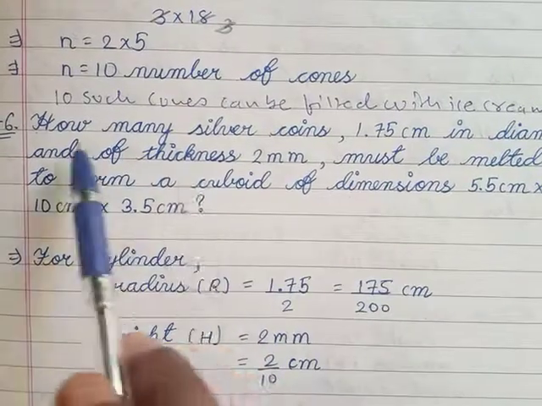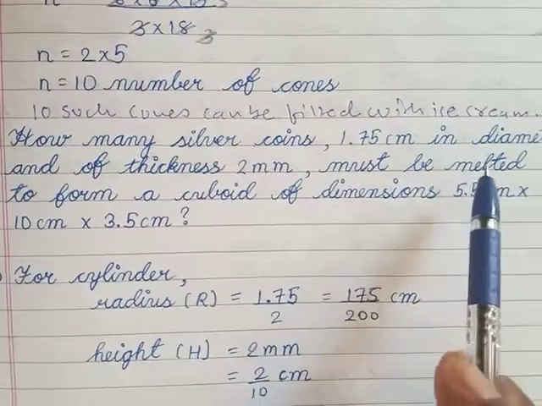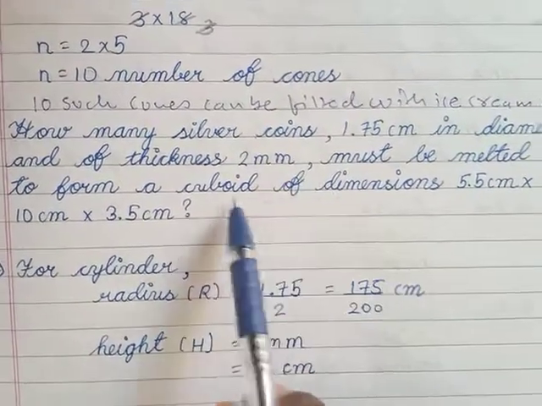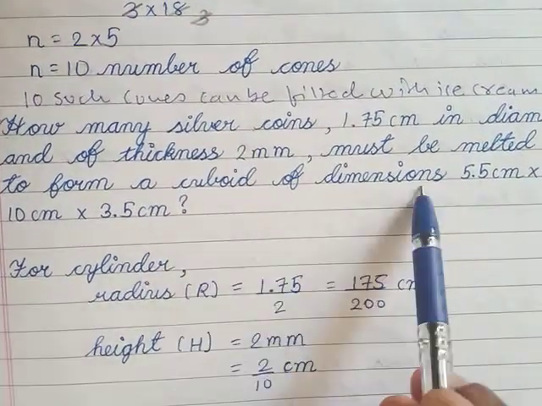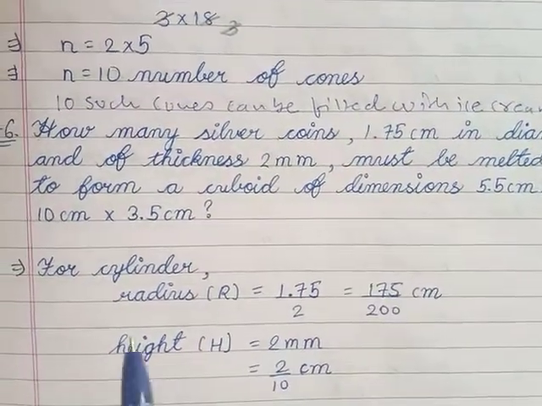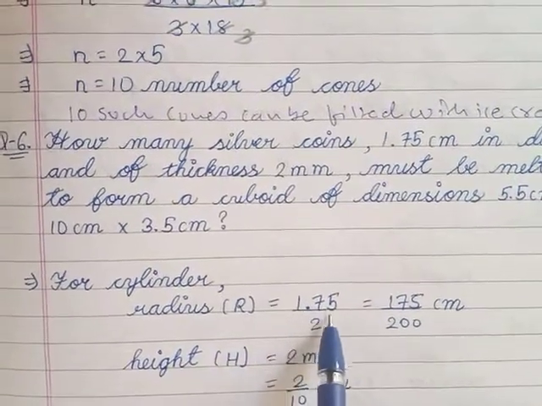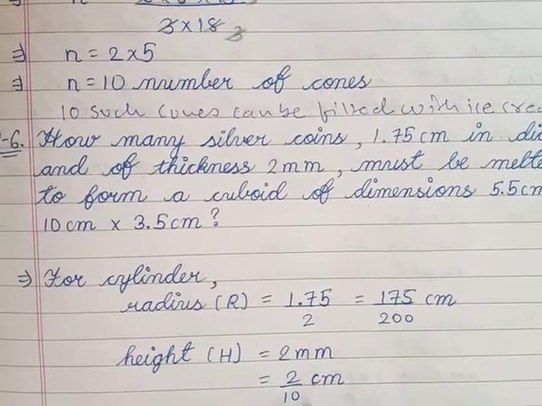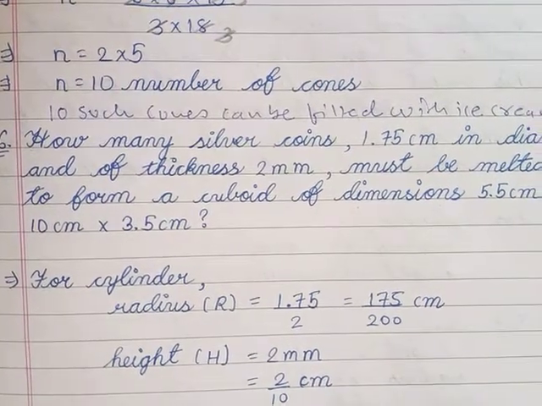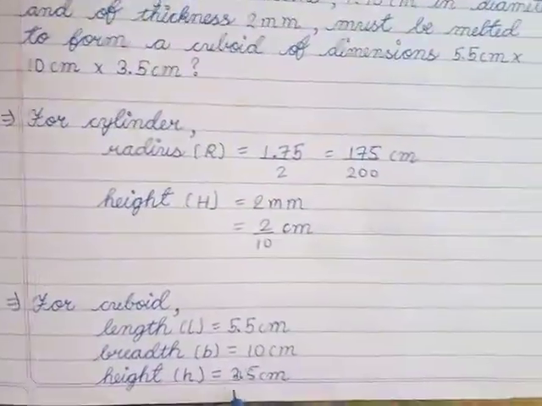So let n be the number of silver coins to be melted to form a cuboid. So volume of cylinder will be equal to the volume of cuboid. For cylinder, radius r is equal to 1.75 by 2, and height is equal to 2 millimeter, 2 by 10. For cuboid, length is equal to 5.5, breadth is 10 centimeter, height is 3.5.